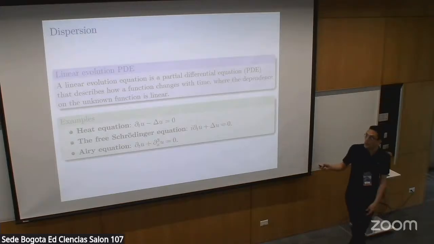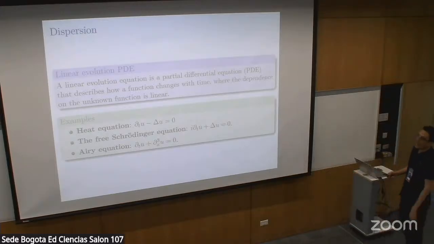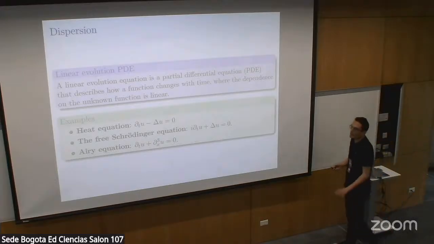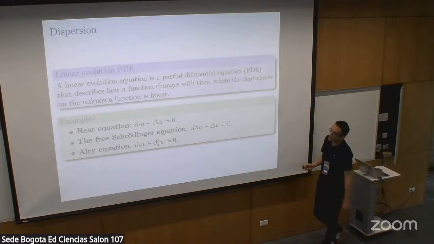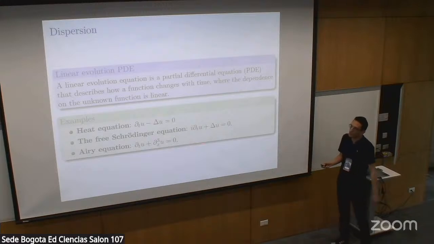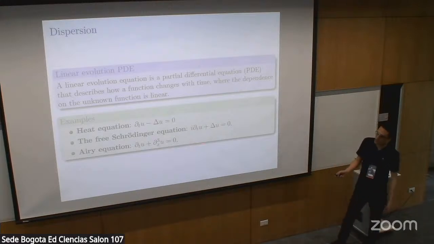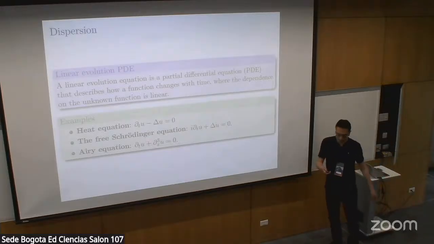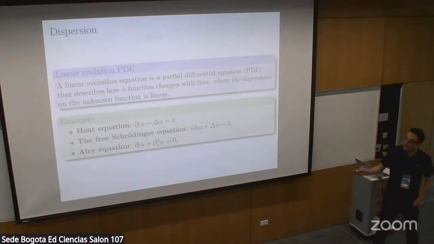That is a linear evolution PDE. And I mention some examples here, like the heat equation that we are probably familiar with, the free Schrödinger equation, which appears in quantum mechanics, and the Airy equation as well, which will be important in our talk in a few slides. Anyway, this is essentially what a linear PDE is. From now on, I will work only on linear PDEs.